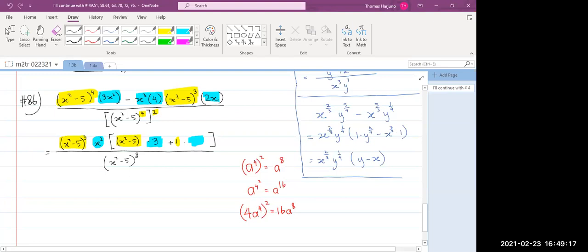And how about this one here? That's 8x to the 4th. I take x squared out, that will be 8x squared. Are you okay? These together give us 8x to the 4th.